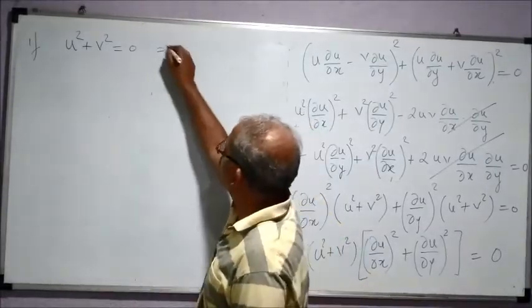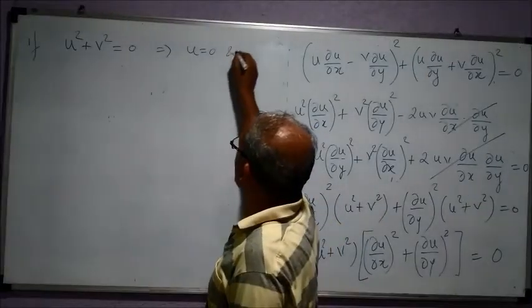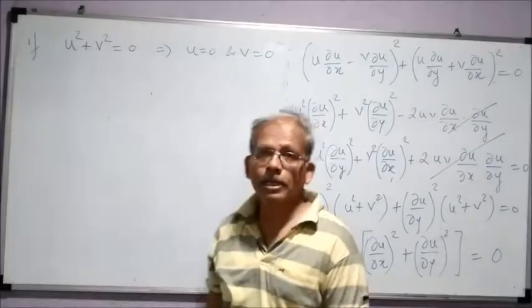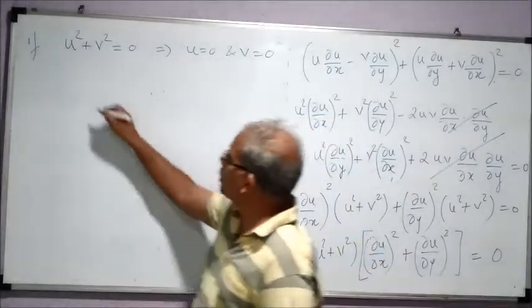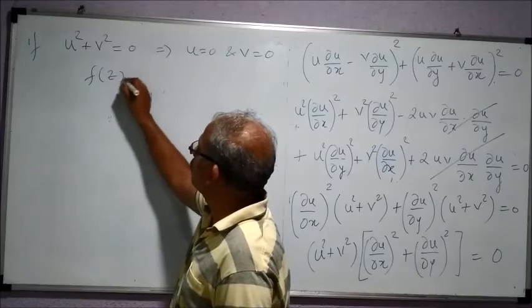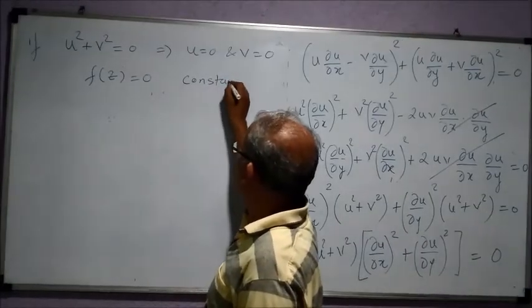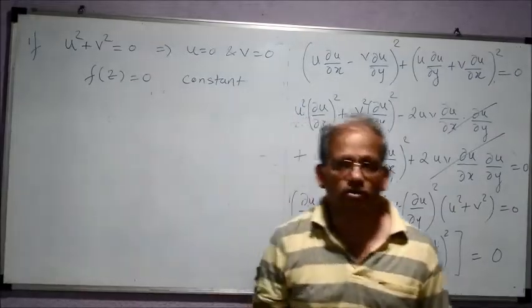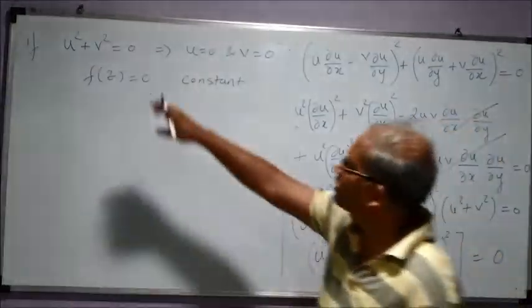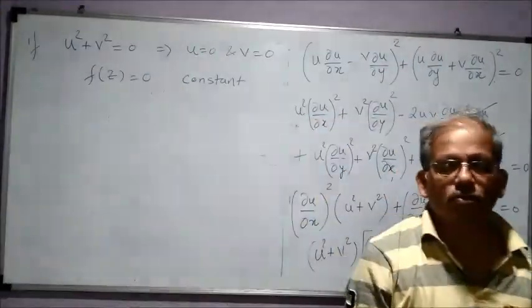So this implies u equal to 0 and v equal to 0. Then the given function f of z is 0, which is constant. So if u square plus v square is 0, we will definitely achieve our result.